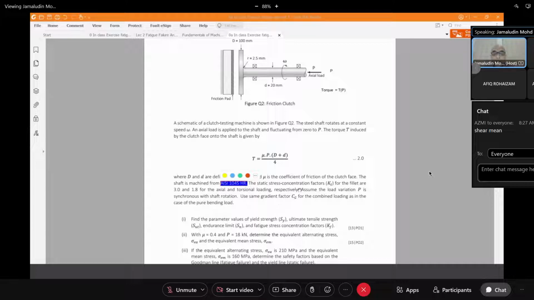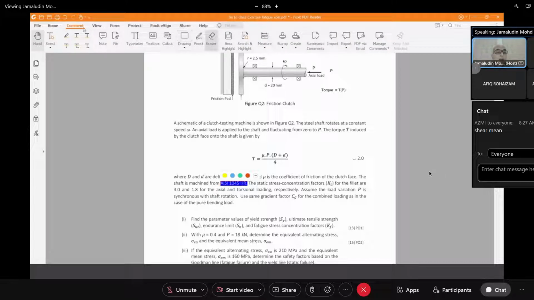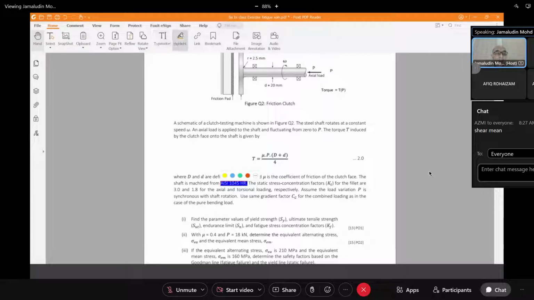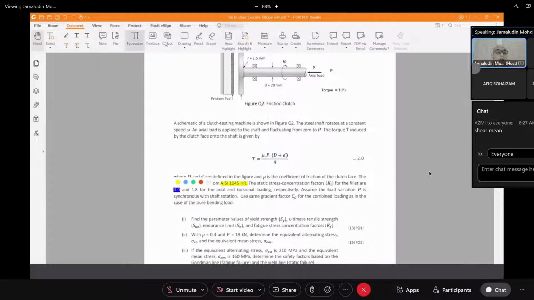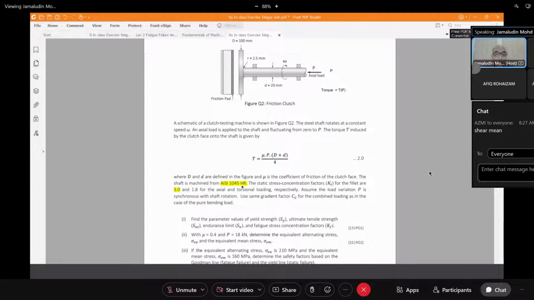The static and factor KT are filled. That's good, it gives you the static and the KT. You don't have to find them in the tables. The static for axial loading will be 3. That will go as the loading in the yellow one.